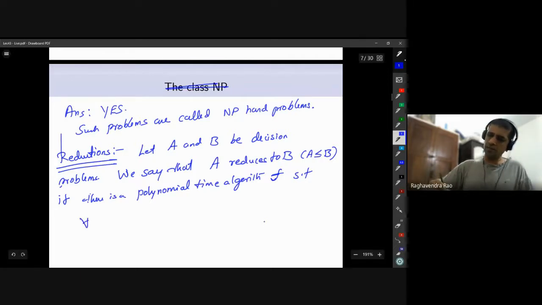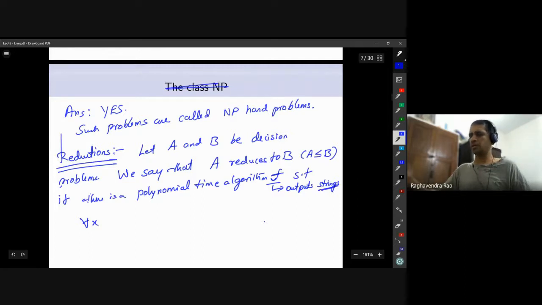for all x, this procedure outputs a value. It outputs strings. By using the term string, I'm just representing everything. They might output a graph or a matrix or whatever. It could be any object. Remember that any input or output of a computer, you can imagine it as binary strings or strings over some alphabet.